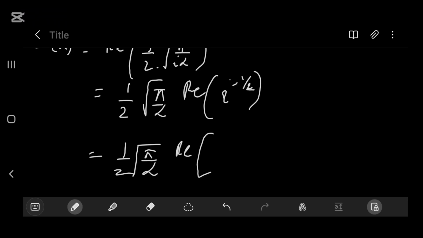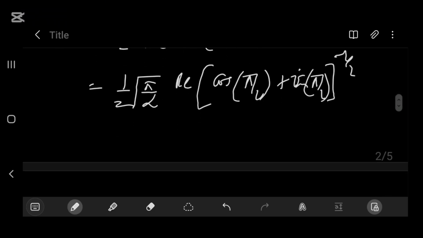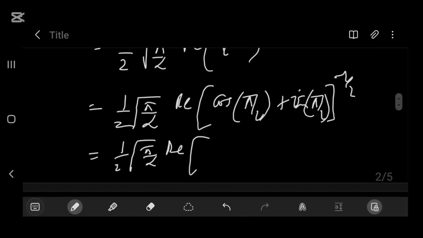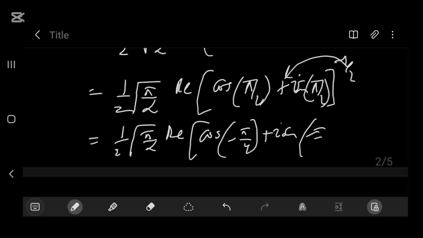We know that i is actually cos(pi/2) plus i sin(pi/2), and we want the power of minus half here. Once again, we can use de Moivre's theorem, multiplying the angle by the half, so we get cos(minus pi/4) plus i sin(minus pi/4).